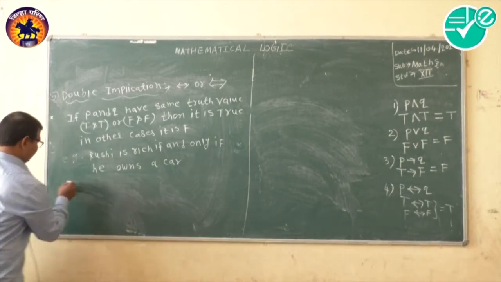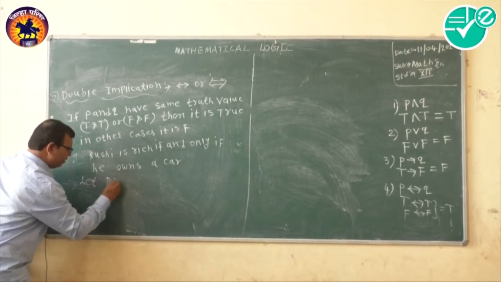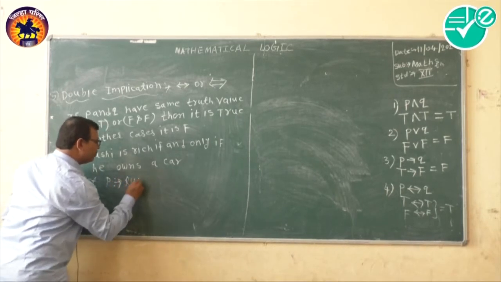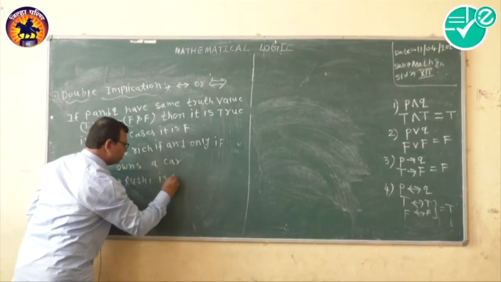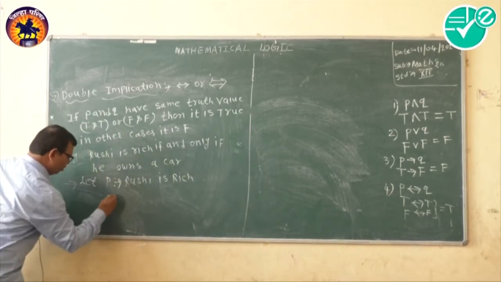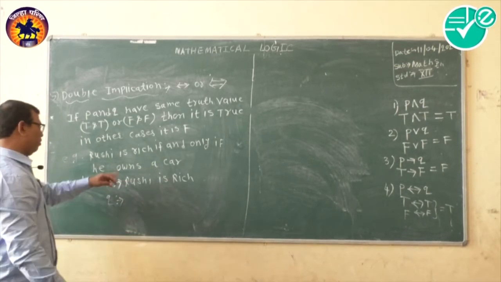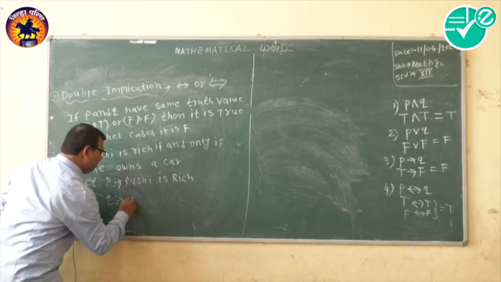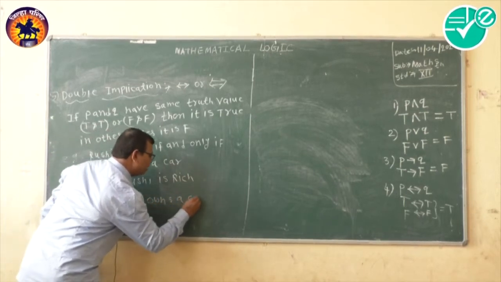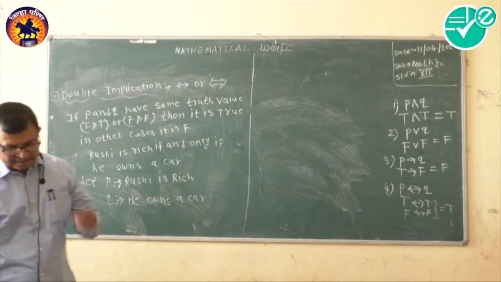Now we can say let P be: Rishi is rich. And Q: he owns a car.